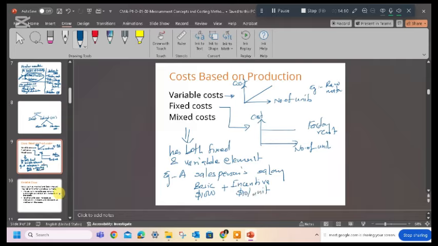Now look at this. This basic monthly $1,000 is fixed. Whatever the number of units he sells, he gets his $1,000. But this incentive part is going to be variable, because that's based on number of units. So there is a fixed element, there is a variable element, both together you call mixed cost.